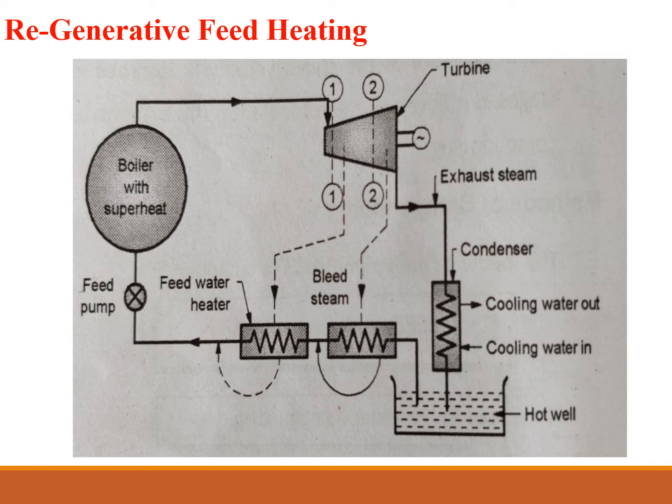In this, the condensate from the condenser passes through the coil of a feed water heater, which is surrounded by bleed steam from the turbine. This bleed steam heats the condensate flowing through the coil. Second, when bleed steam is mixed with feed water. In this case, feed water and bleed steam come in direct contact with each other and are then supplied to the boiler.